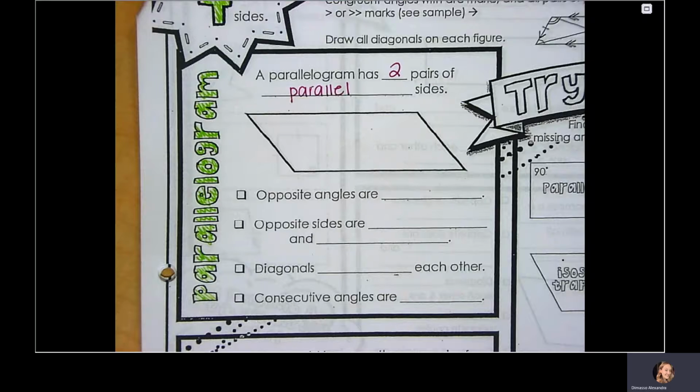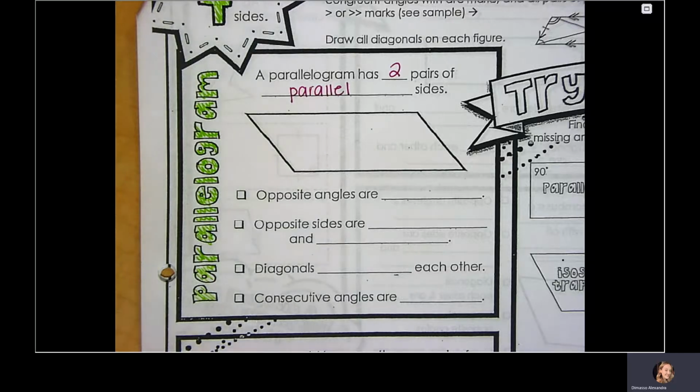If they are parallel, how do I mark that in the picture? What's the marking for parallel? Do we remember? Tick is congruent, close though. Two lines again would just be like congruent symbols.